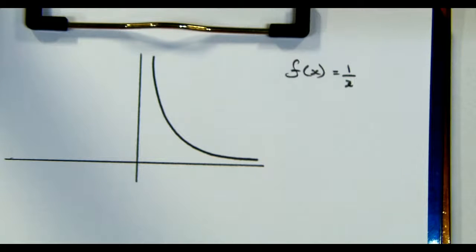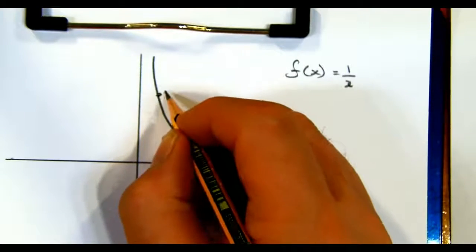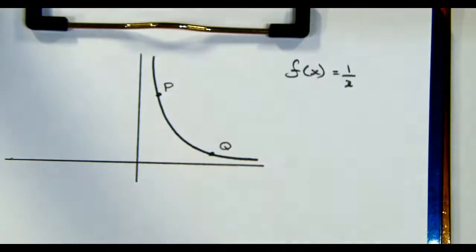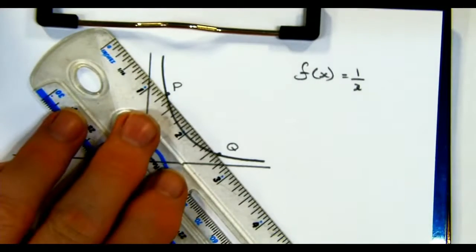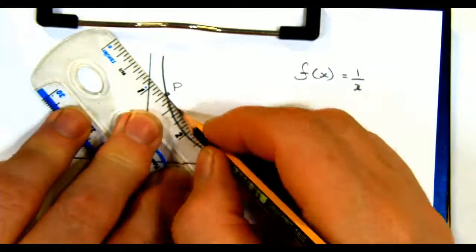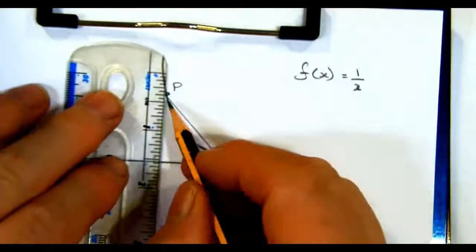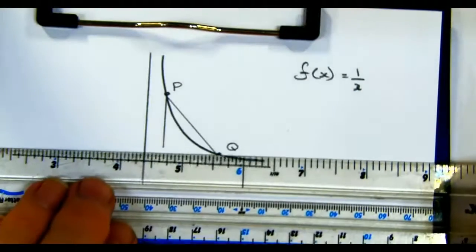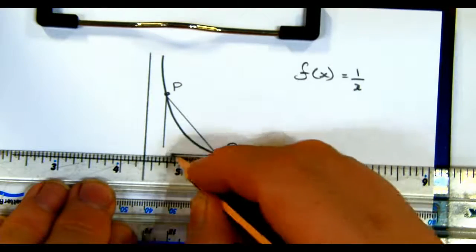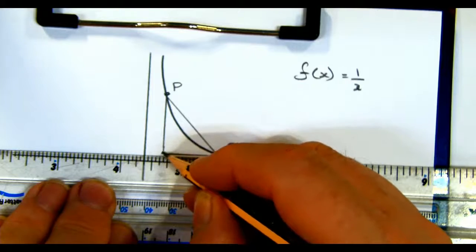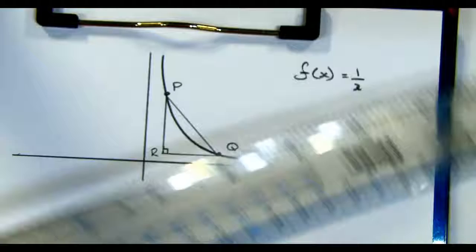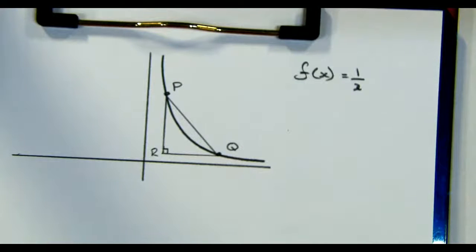There we are, off stage, I sharpened the pencil. We've got 2 points. We're going to have P and we're going to have Q. We've got our triangle, just as before. And you can see that if we've got this right-angled triangle here, it's going to be basically the same idea.